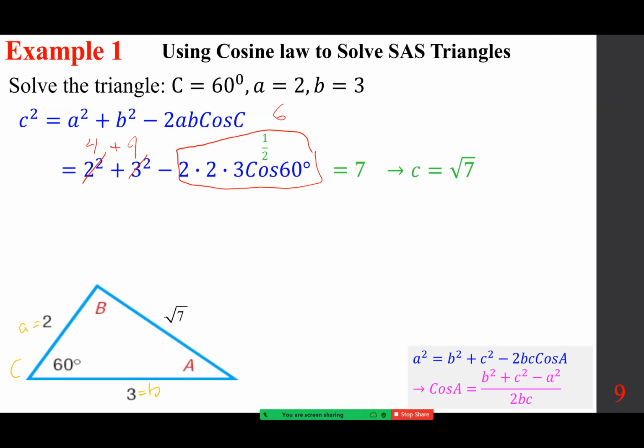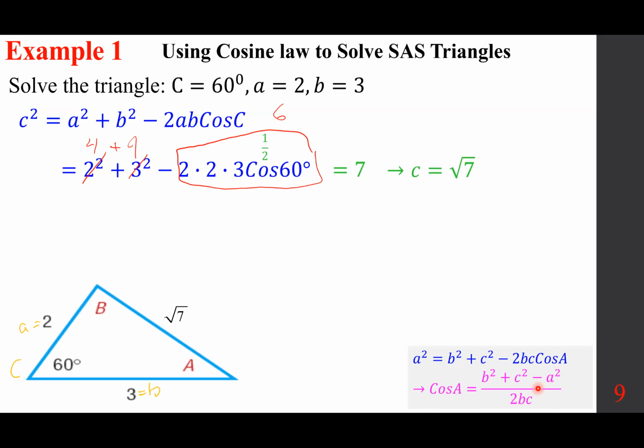Now, since we have expanded and used this, we can use this formula to find the missing A. Cosine A is b squared plus c squared minus a squared over 2bc. Although at this point you can use the sine law, and if they ask you to solve it, you can use the sine law.